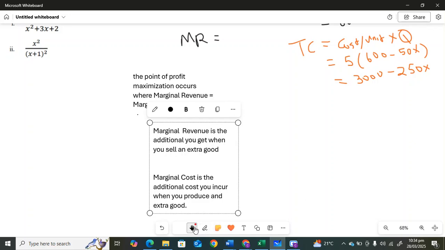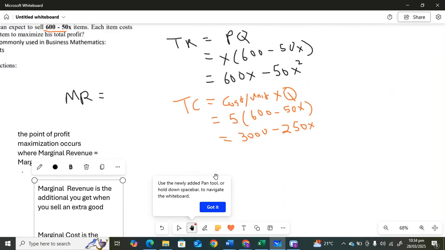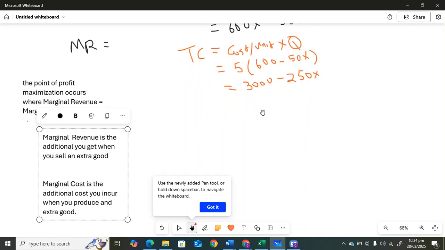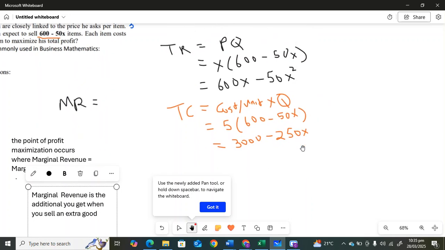So what's going to happen here, colleagues, is you're going to have to derive the total revenue. Marginal revenue is the derivative of the total revenue.